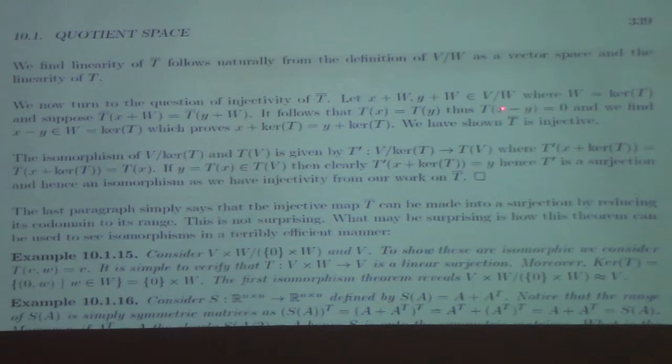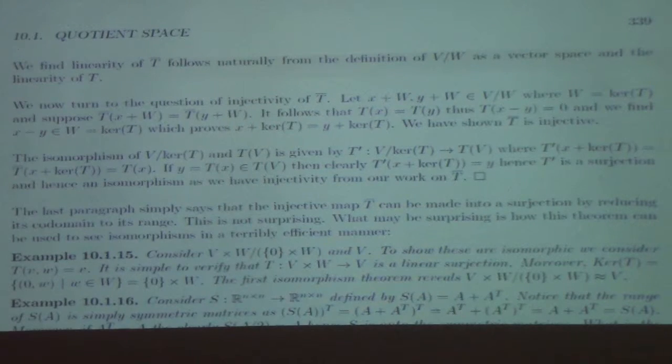That means that T of x minus y is equal to 0. Aha! If T of x minus y is equal to 0, that means that x minus y is in the kernel, right? But that proves that x plus kernel T is equal to y plus kernel T, which is to say that if they have equal outputs, they have equal inputs. In other words, it's injective. So there you go. T bar is an injection.